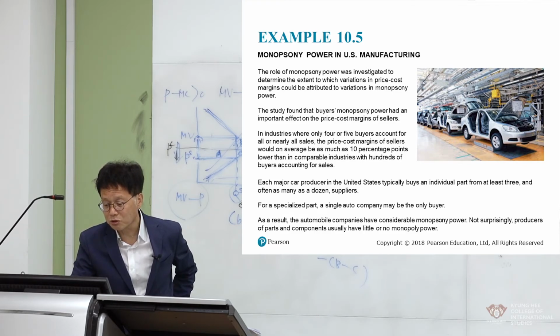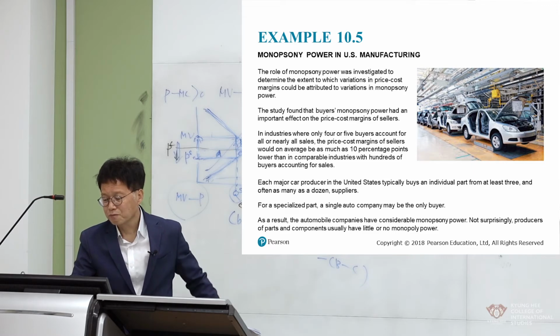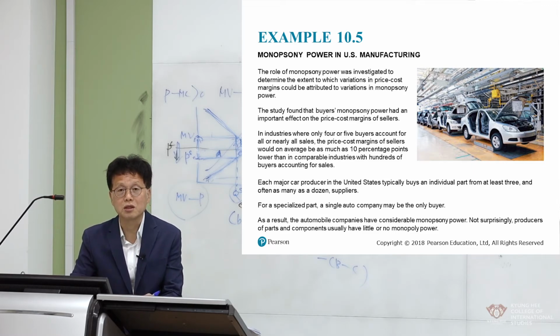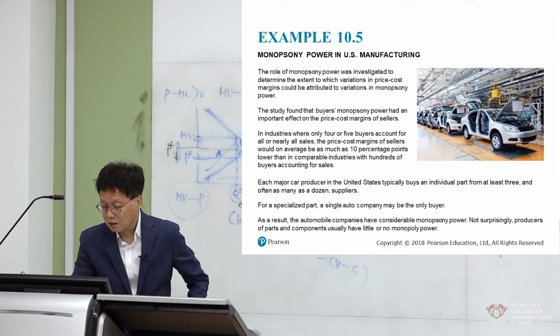Each major car producer in the U.S., same in Korea, for example, Hyundai Motors, can purchase lots of parts and components from small and medium-sized companies at cheaper, really lower costs, right? So monopsonist position. For specialized parts, a single auto company may be the only buyer.